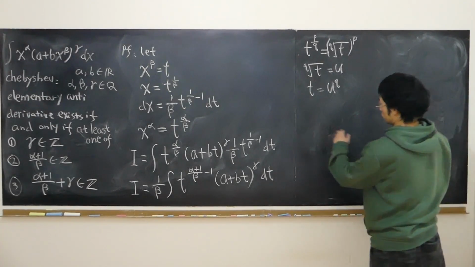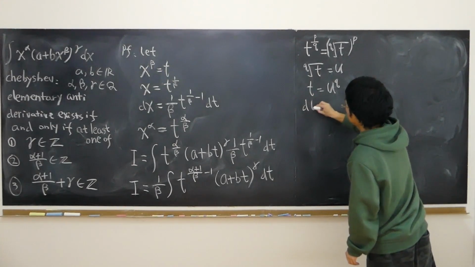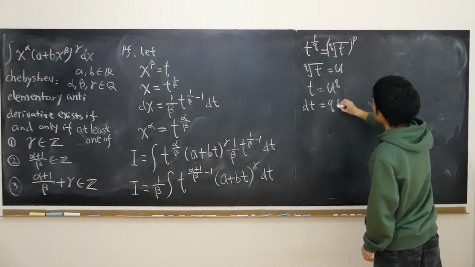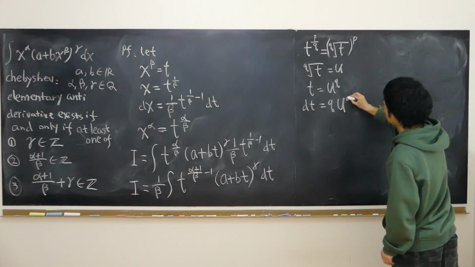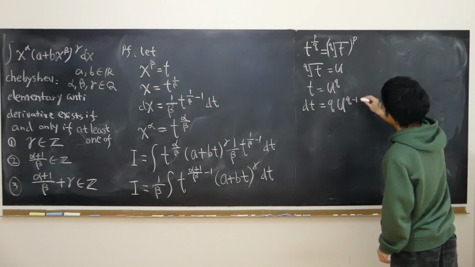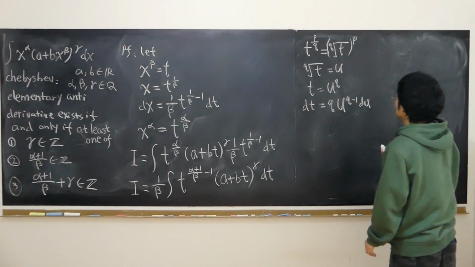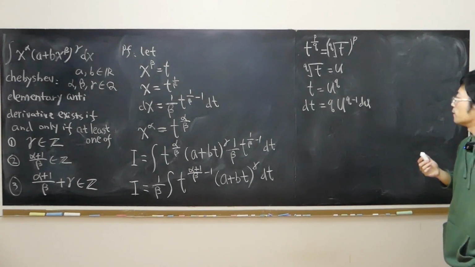And of course, we want to know dt. dt, of course, is equal to q times u to the power of q minus 1 du.